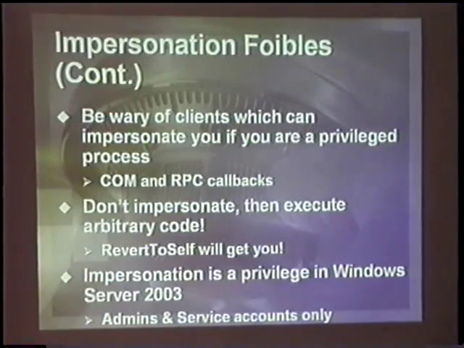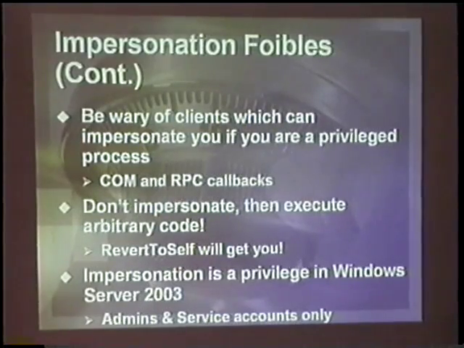Next is don't impersonate and then just execute whatever comes along. If your model is, well, somebody's going to hand me a DLL and then I'm going to just run it, if they call revert to self, you've had it. So that's something to look out for. We made a change for this in Windows Server 2003, where we decided that impersonation should be a privilege and that not everybody should have it.